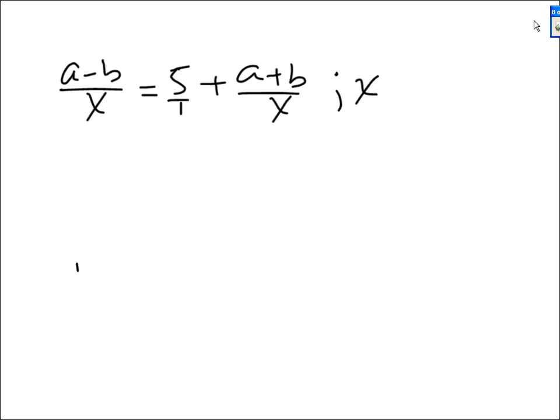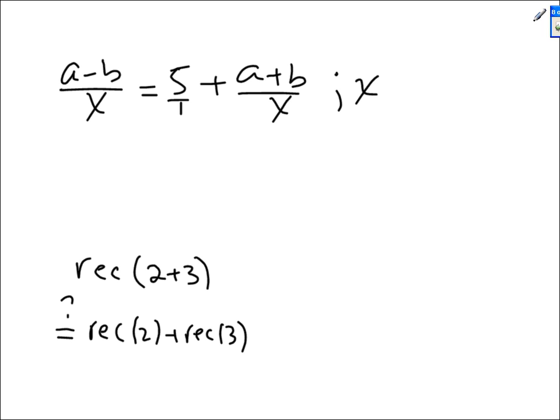If somebody asks you, what is the reciprocal of 2 plus 3? Well, is it the reciprocal of 2 plus the reciprocal of 3? The reciprocal of 2 is 1/2. The reciprocal of 3 is 1/3. And this is 5/6. Well, 3 plus 2 is 5.